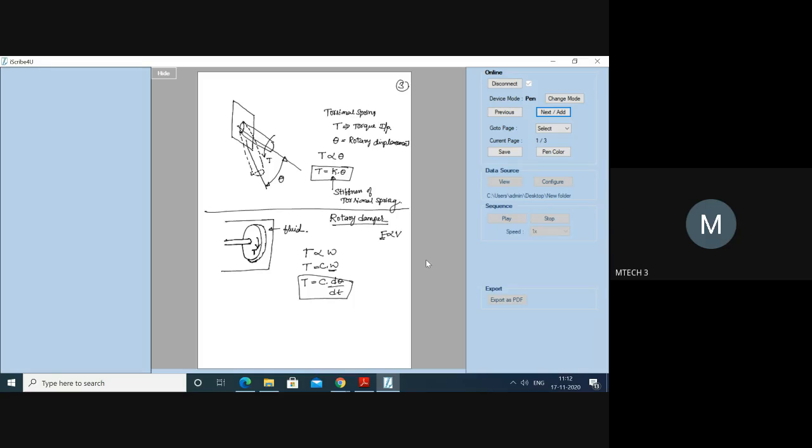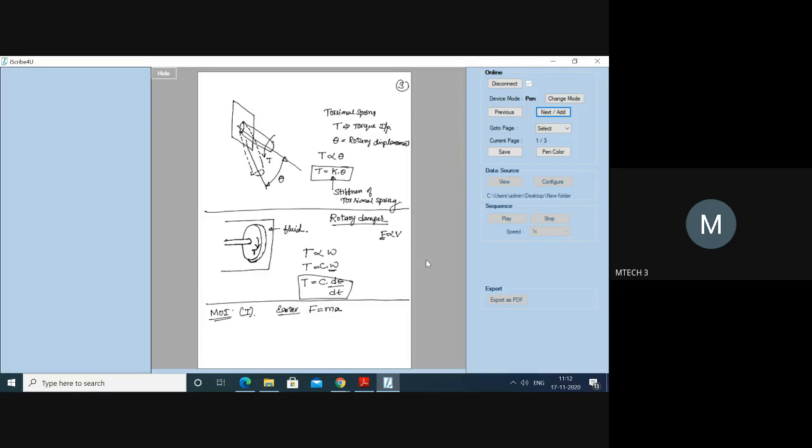Okay, right. Then the third one is going to be the moment of inertia. Okay, what is moment of inertia? It is expressed as I. Earlier, F is equal to mass into acceleration.